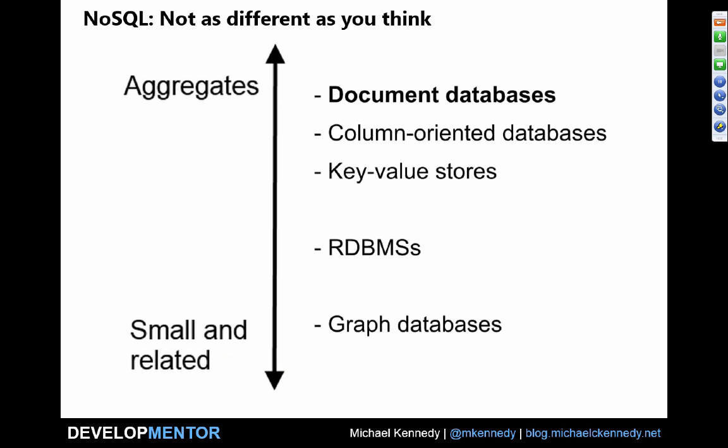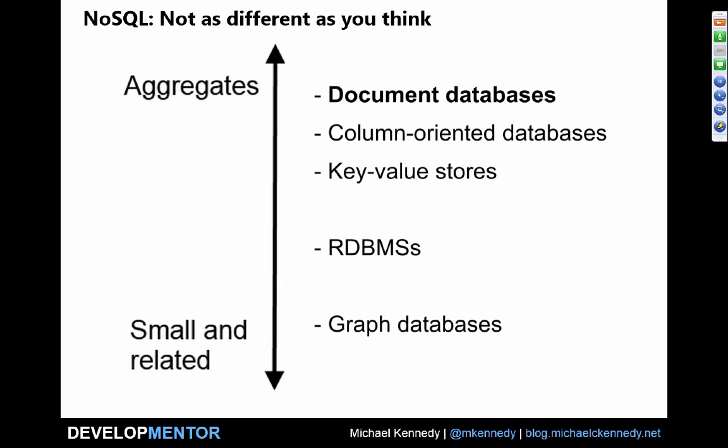Okay. Now, these all seem quite different, right? Column-oriented stores look very different than key value stores, which look very different than document databases and so on. But those things are all actually quite similar. If you think of it from how much data do they break apart into a million small pieces, or do they aggregate it up into larger records than a regular database? Aggregates, if you will.